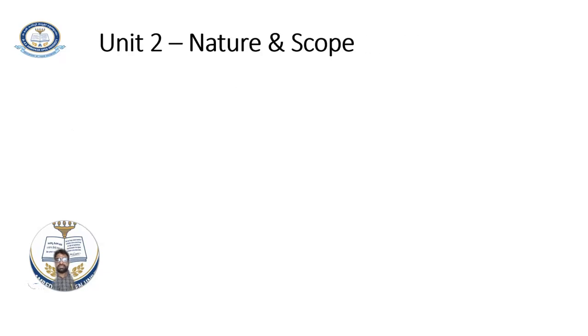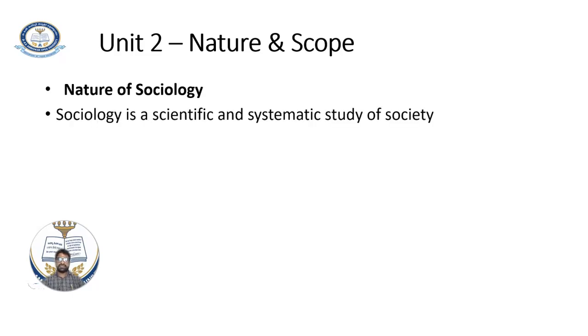Unit 2 in this block concerns the nature and scope of the sociology discipline. Nature of sociology indicates that sociology is a scientific and systematic study of society.